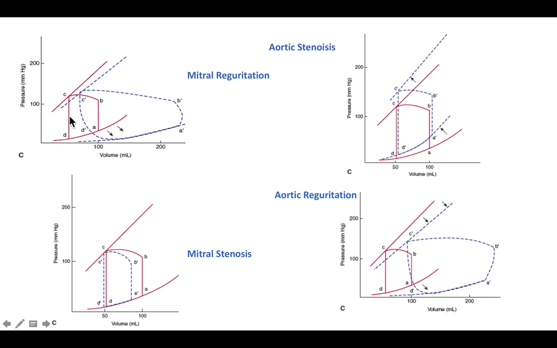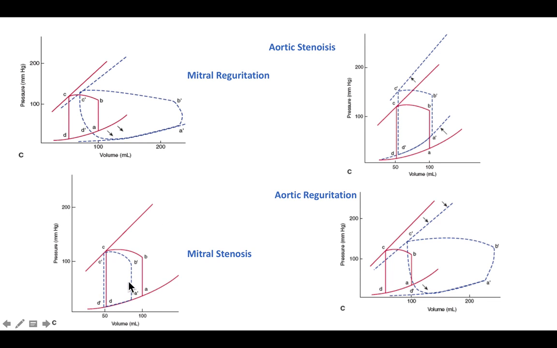Now it's still higher than the normal end systolic volume, which would be C, but if you compare that to aortic regurgitation, the end systolic volume is almost at 100, whereas here it's more like, I don't know, 75, something like that. It looks a little lower to me. So if you're given a normal curve and you want to know which one is which, one thing you might do is look at which one ended up at the lower end systolic volume. That's probably the mitral regurgitation.